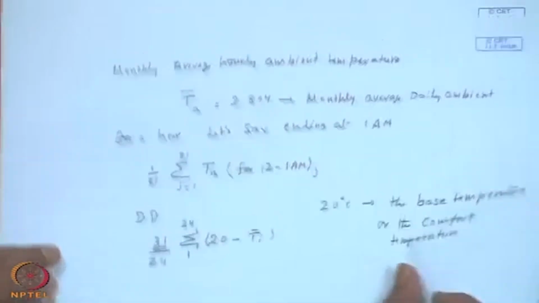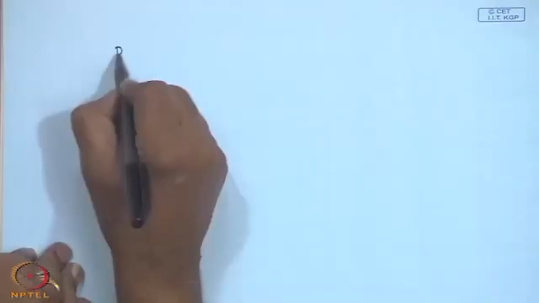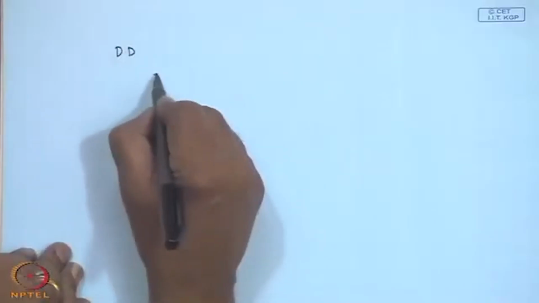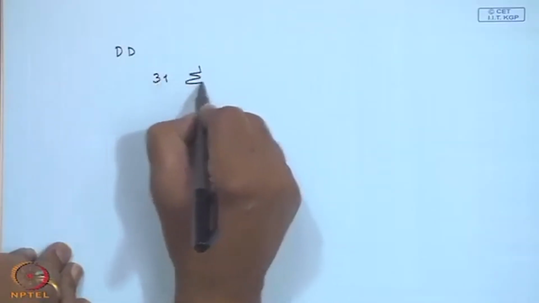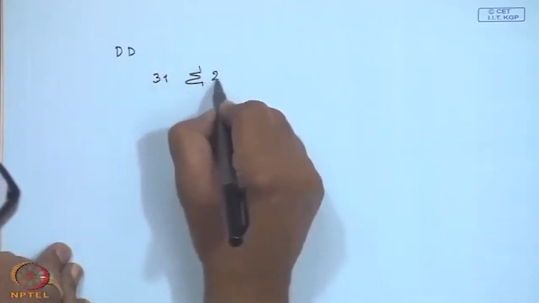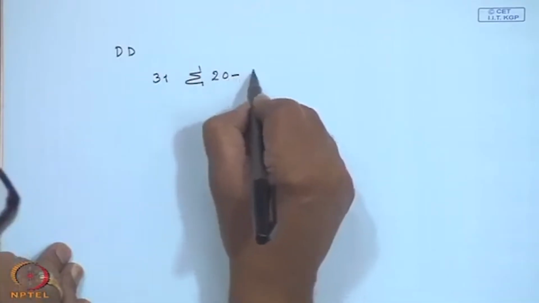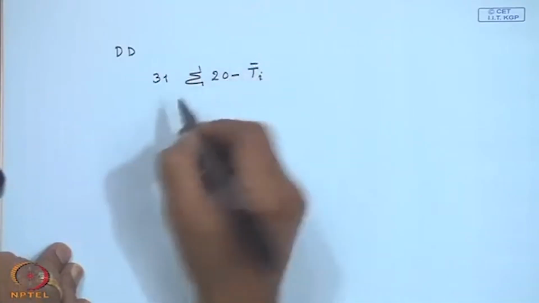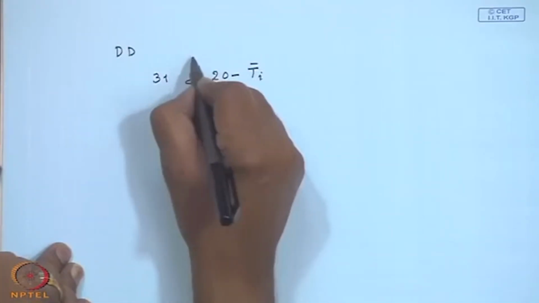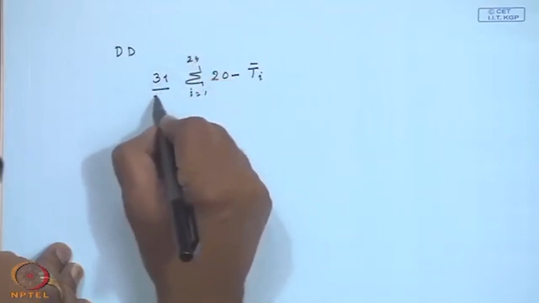Let me write it down. Degree days is 31 times summation of (20 minus T I bar), where I is equal to 1 to 24, divided by 24.